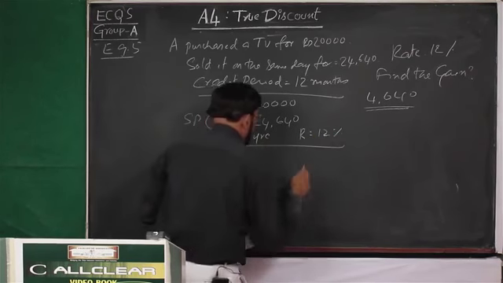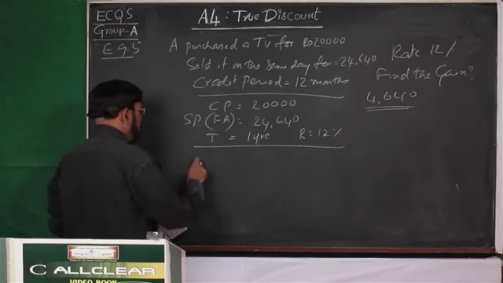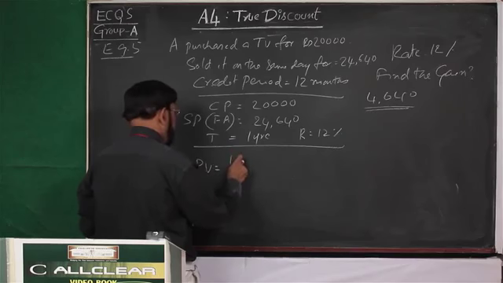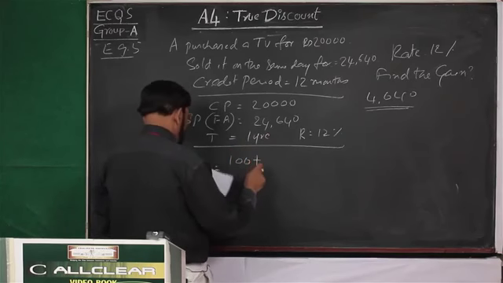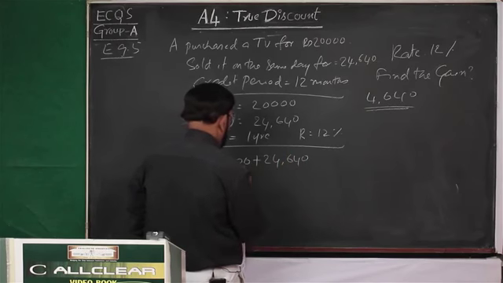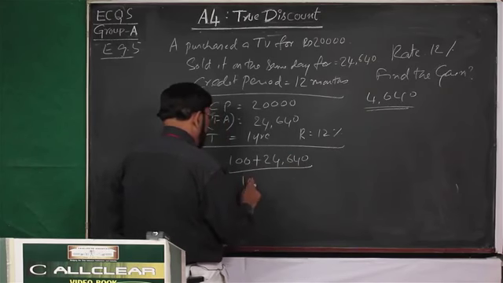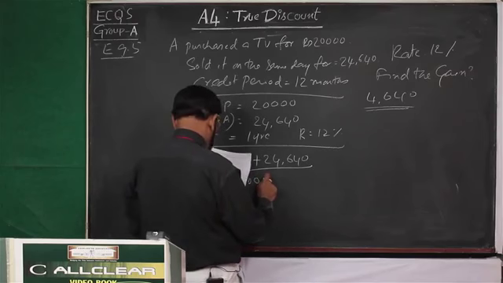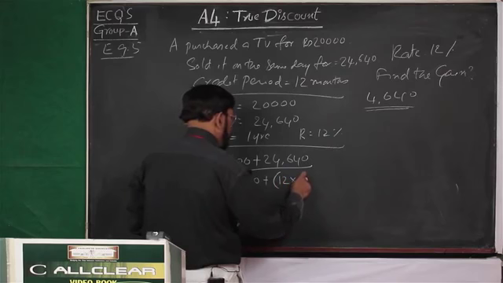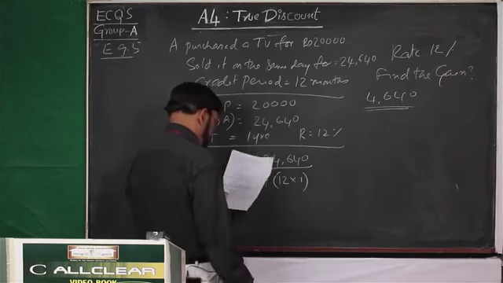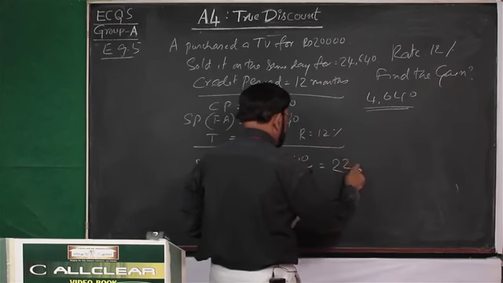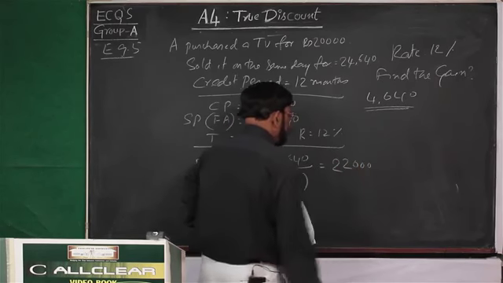Based on this information, we calculate PV, that is 100 into future amount 24,640 by 100 plus rate 12% into time 1. If you simplify, it comes to 22,000 rupees.